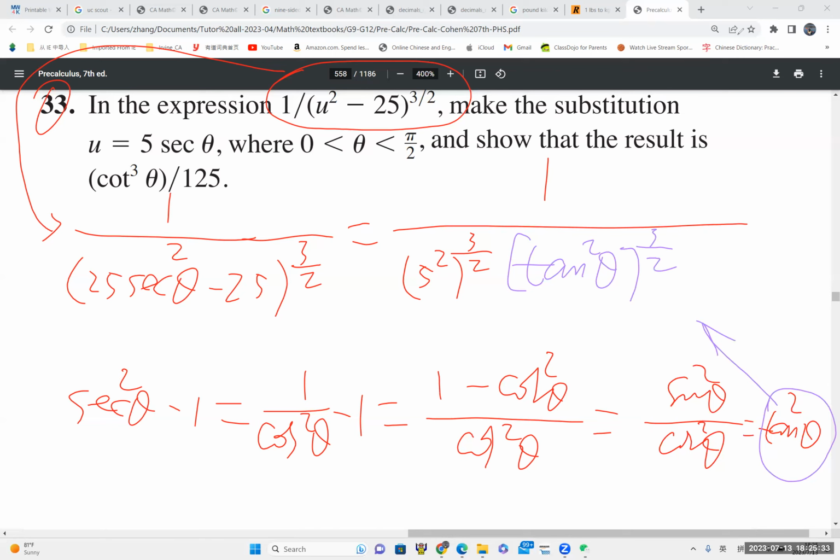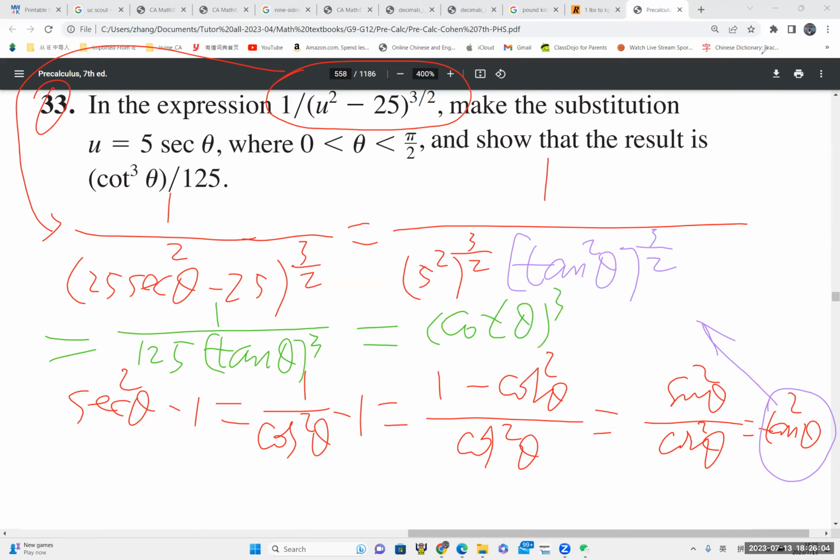This is just 5 cubed, so it's 125. This is tangent theta cubed. We know tangent theta is just the reciprocal of cotangent theta, then we get cotangent theta cubed.